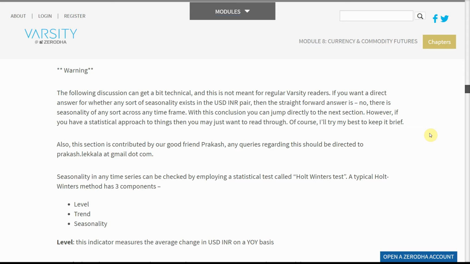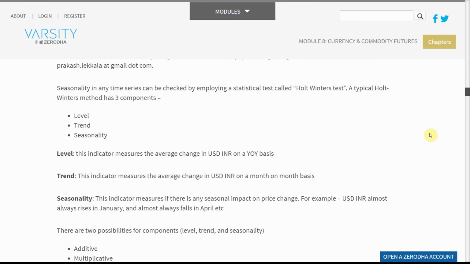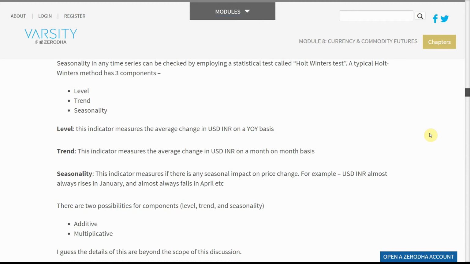A typical Holt-Winters method has three components: level, trend, seasonality. Level: this indicator measures the average change in USD-INR on a YOY basis. Trend: this indicator measures the average change in USD-INR on a month-on-month basis. Seasonality: this indicator measures if there is any seasonal impact on price change.